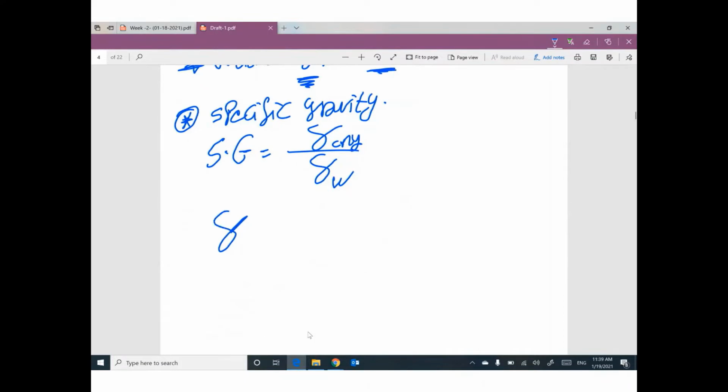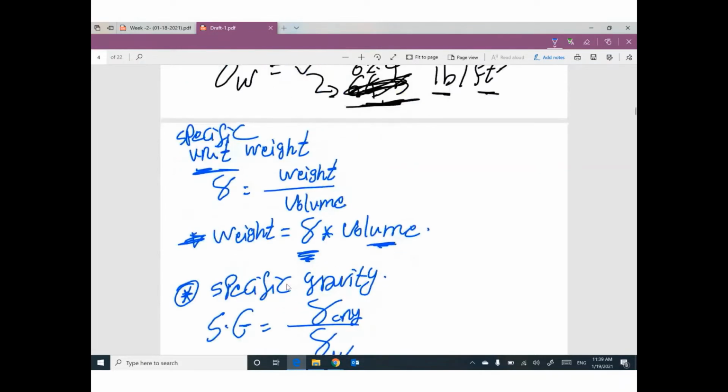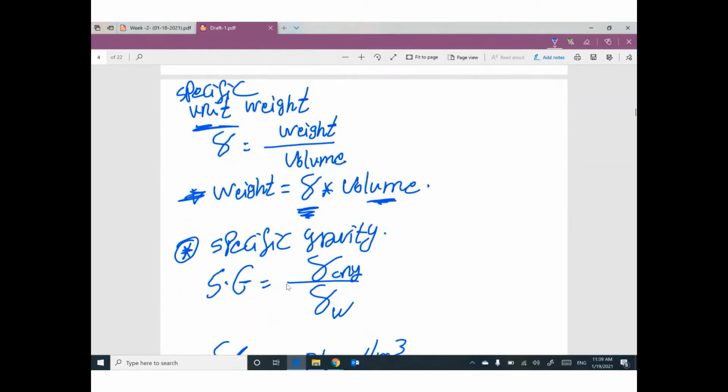Do you remember? Gamma water equals 9,810 Newton per cubic meter, or 62.4 pound per cubic feet. Okay, just a reminder, specific weight equals weight divided by volume.